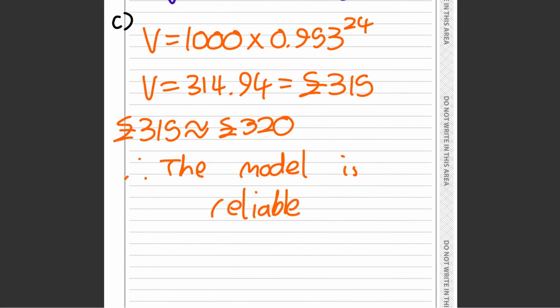Something like that will give you the 2 marks. You get the first mark for finding this here, that the estimated value is about £315, and you get the second mark for showing that the model is reliable. Again, I know it's not exactly £320, but this is close enough. Again, the model will never be 100% accurate. This is close enough to say that the model is reliable.